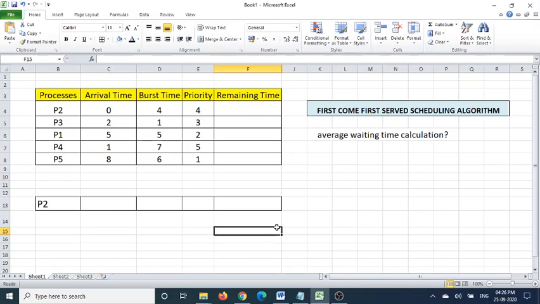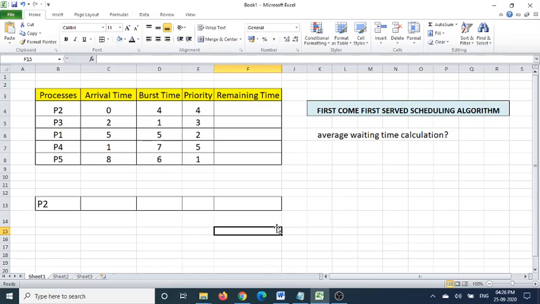If you see how this goes, it's non-preemptive. Preemptive means that even if a process gets the CPU, we can snatch the CPU from that process.